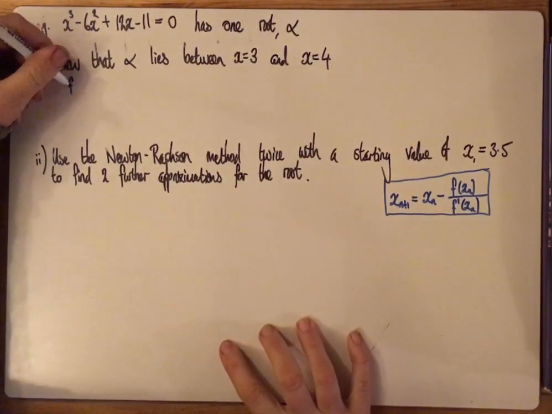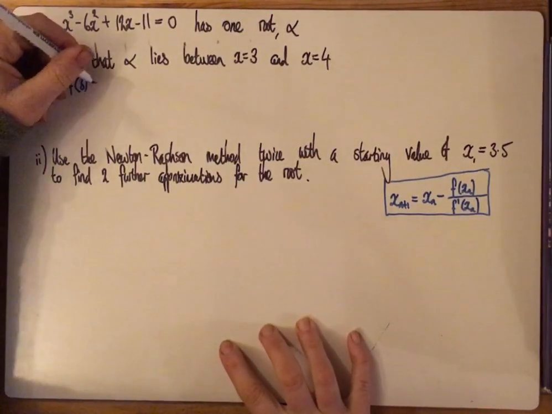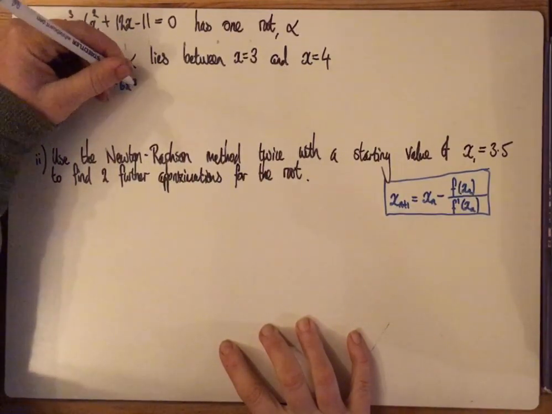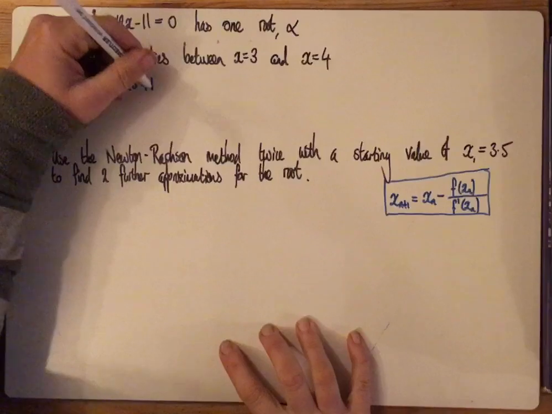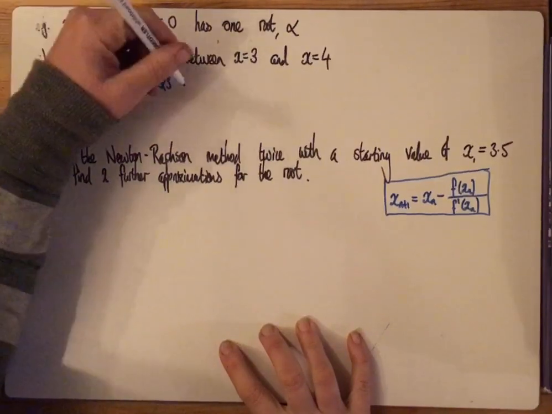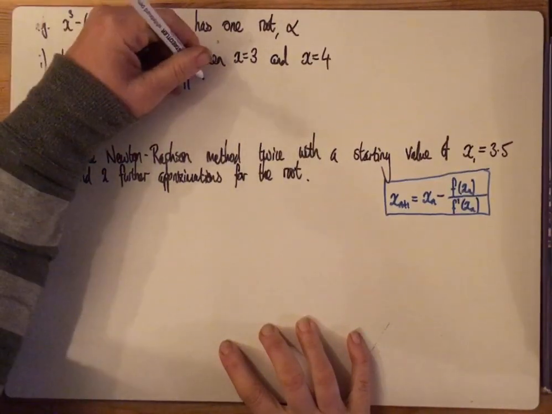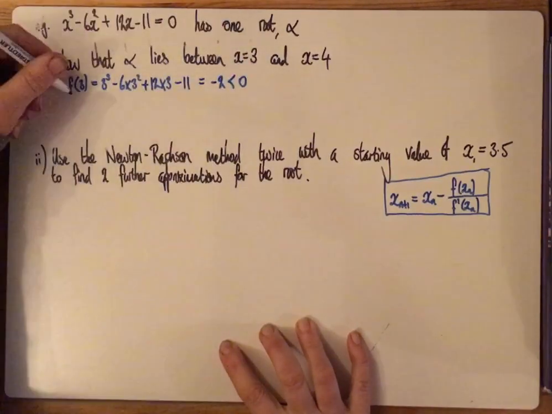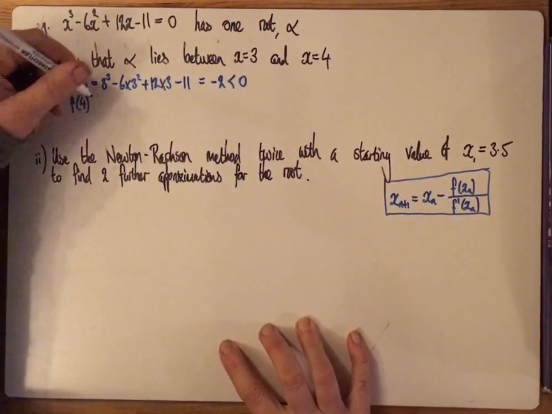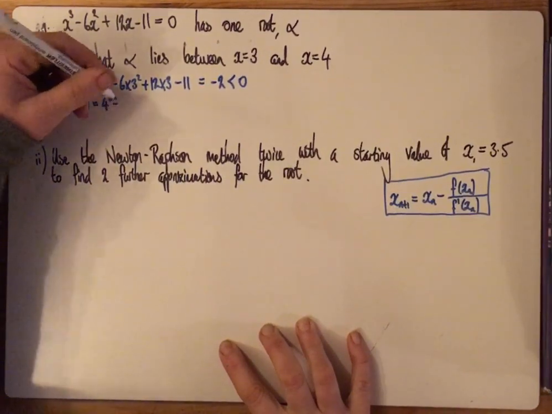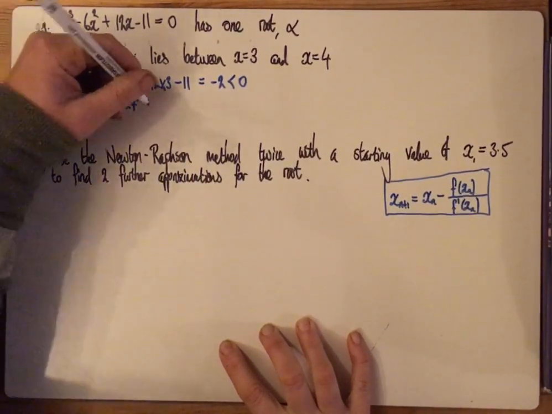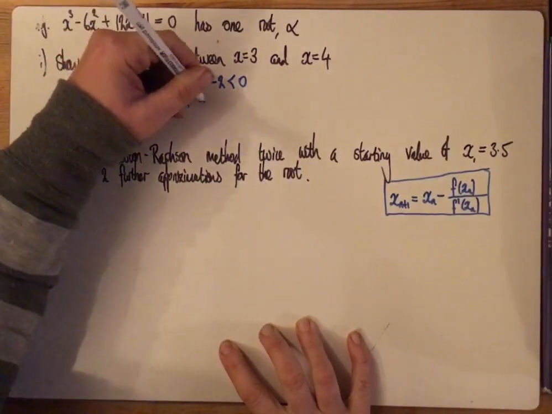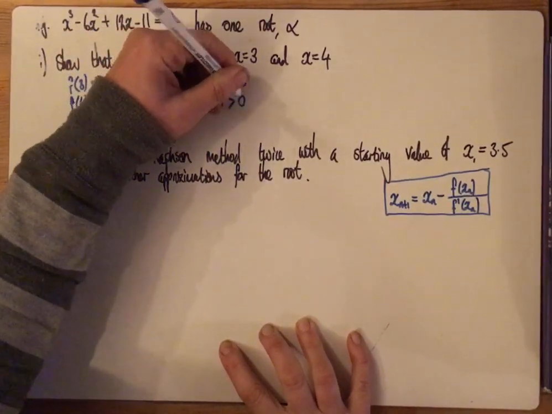So you plug in 3, and that gives you minus 2, which is less than 0. And then you plug in 4, and that gives you 5, which is bigger than 0.